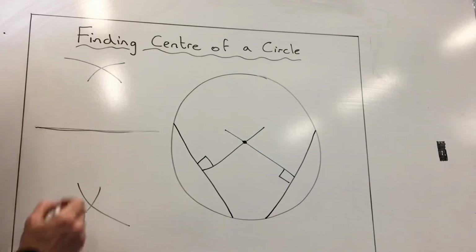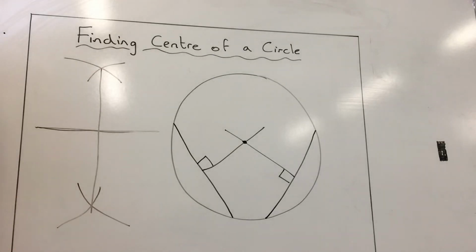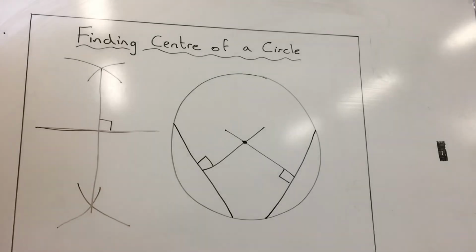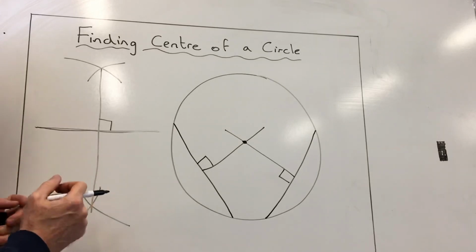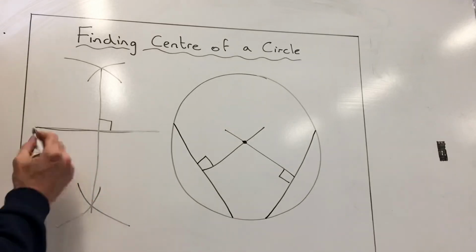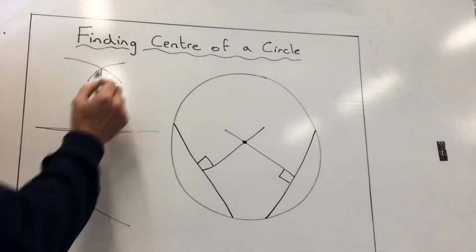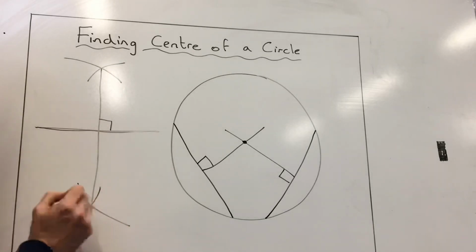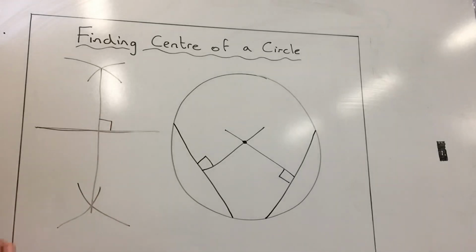If you then join them up with a ruler, okay, you have perpendicularly bisected that line. So you haven't had to use your protractor, all you've used is a compass and a ruler to simply draw a couple of arcs from that point, a couple of arcs from that point, created this cross, join them up, and that perpendicularly bisects the line.